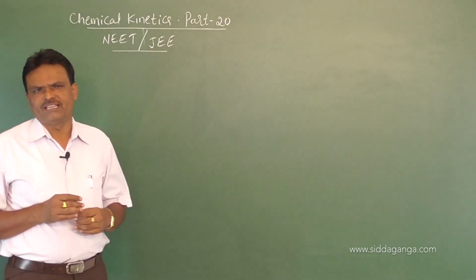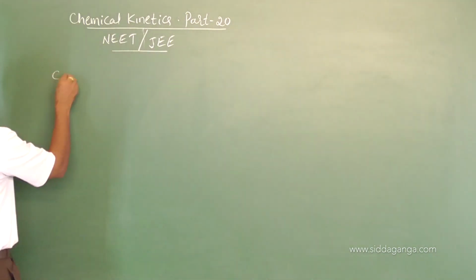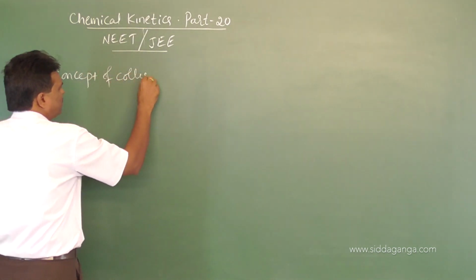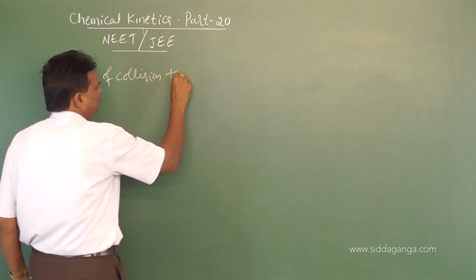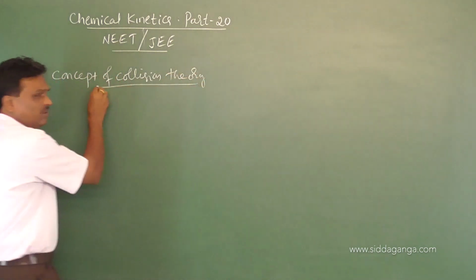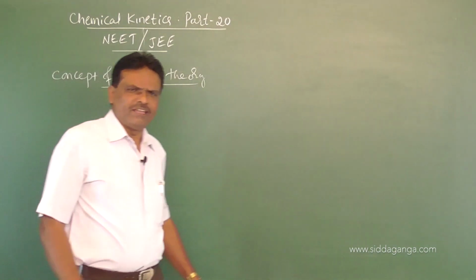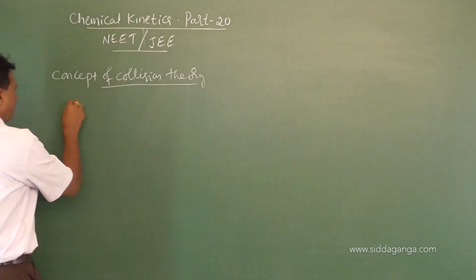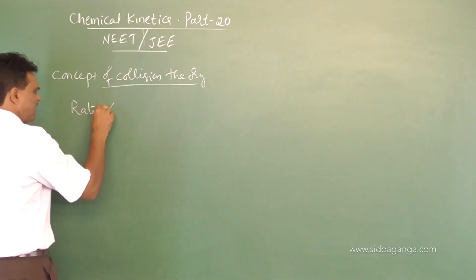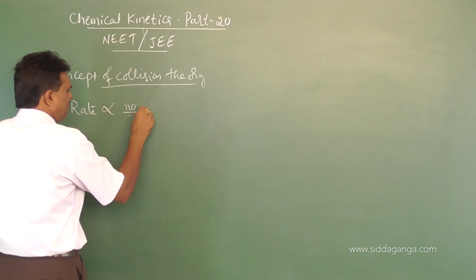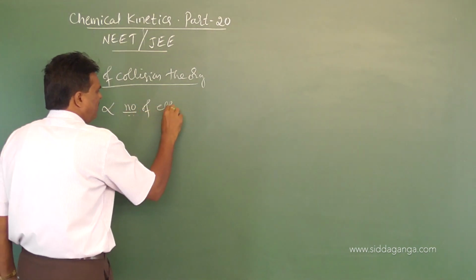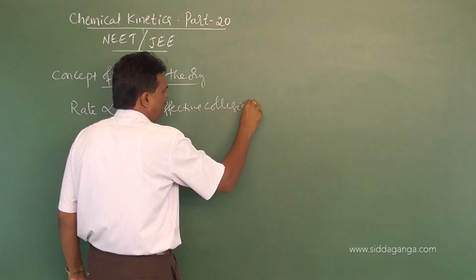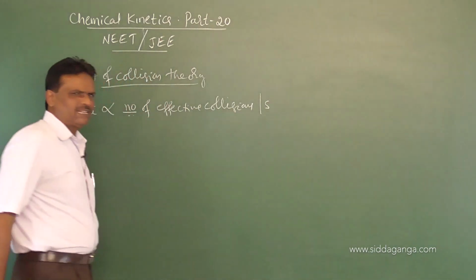According to Arrhenius theory, the rate of a chemical reaction is directly proportional to the number of effective collisions per second.